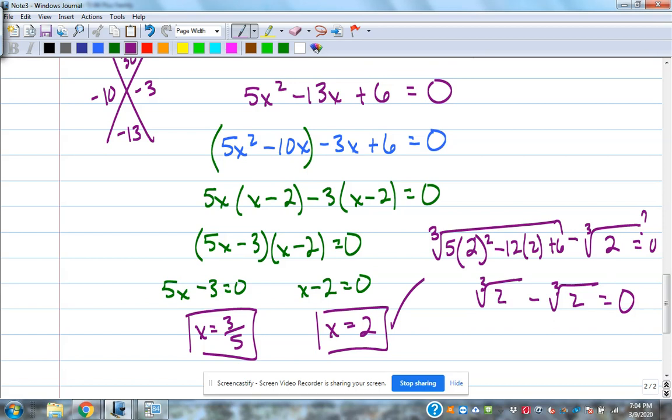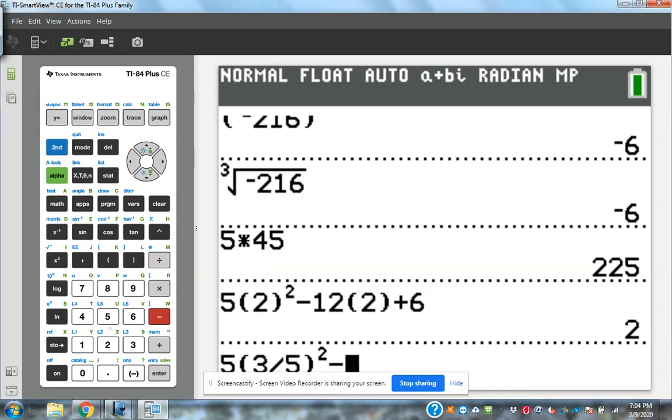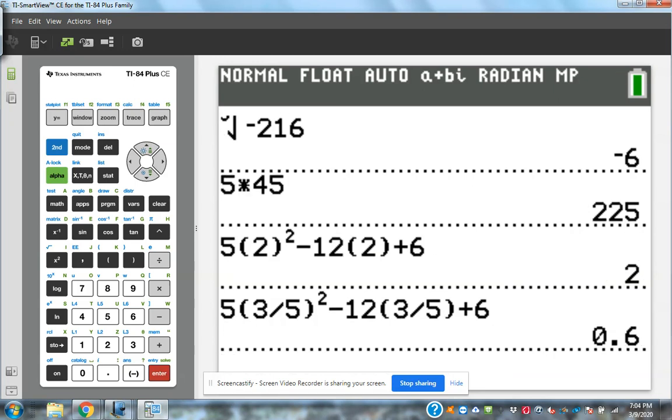I'm going to do the same thing for the 3 over 5. I'm going to plug it in. So I'm going to hit 5 parentheses 3 over 5 squared minus 12 parentheses 3 over 5 plus 6. Get 0.6. Okay, well, is 0.6 what the cube root of 3 over 5 is?